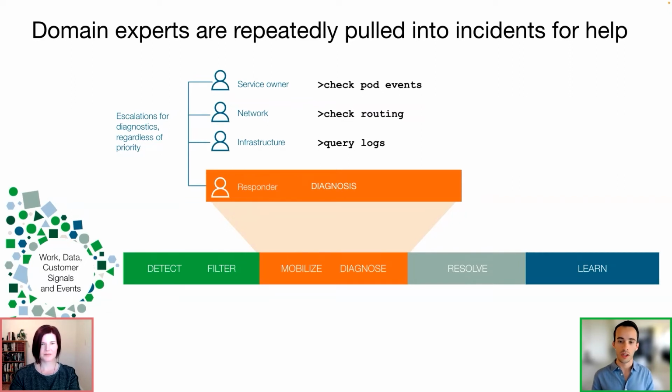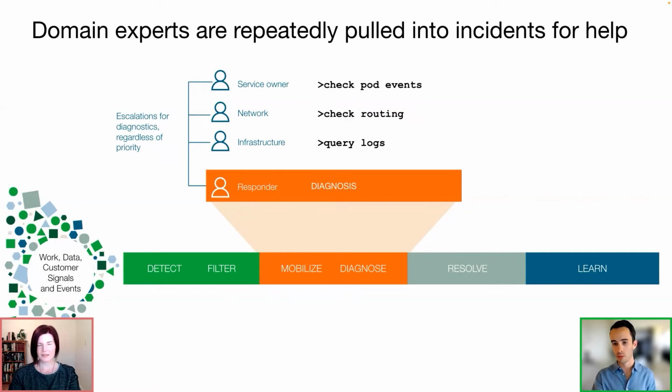Those other domain experts have access to particular parts of the infrastructure and environment that first responder may not have access to. Or there's just domain tribal knowledge of the organization in terms of what is connected to what, and what checks need to be run before running a particular remediation. And so there's still this pattern of escalating and pulling in other people.